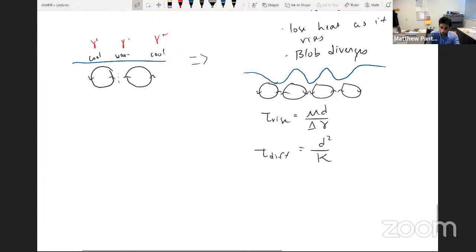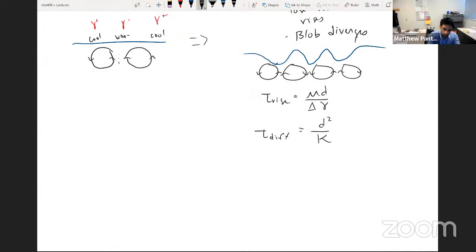So we can take the ratio of these, tau rise over tau diffusion.